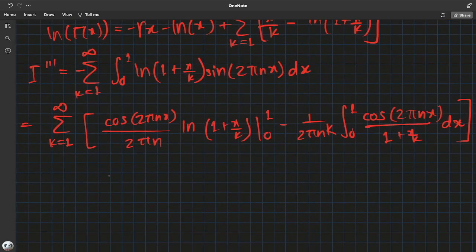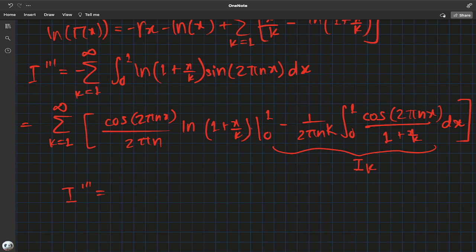And now what I'm going to do is call this entire thing, along with the negative sign, I sub k, such that I triple prime just becomes this, whatever this is. So cosine at 1 will be cosine at 2 pi n, so that's 1.